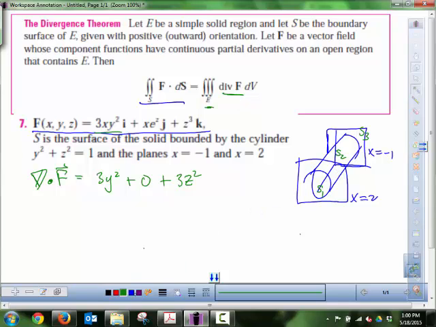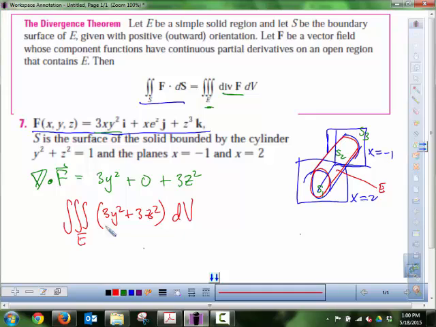And if we take a look at our solid E, we can get this set up and think about how we would do this as a triple integral. So we have 3y squared plus 3z squared dv. I probably want to go cylindrical coordinates, but not your standard cylindrical coordinates where x and y are the cosine and sine thetas.